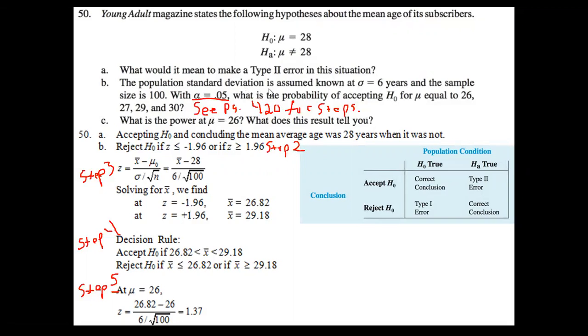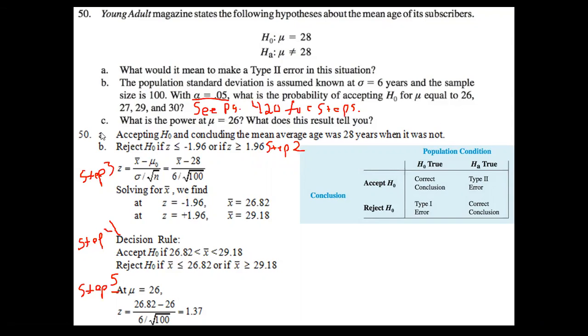Now, the population standard deviation is assumed known at sigma equals 6 years, and the sample size is 100. With alpha equal to 0.05, what is the probability of accepting H0 for mu equal to 26, 27, 29, and 30? Here you need to see page 420 for the steps we're going to follow. And then, what is the power at mu equals 26? What does this result tell you?